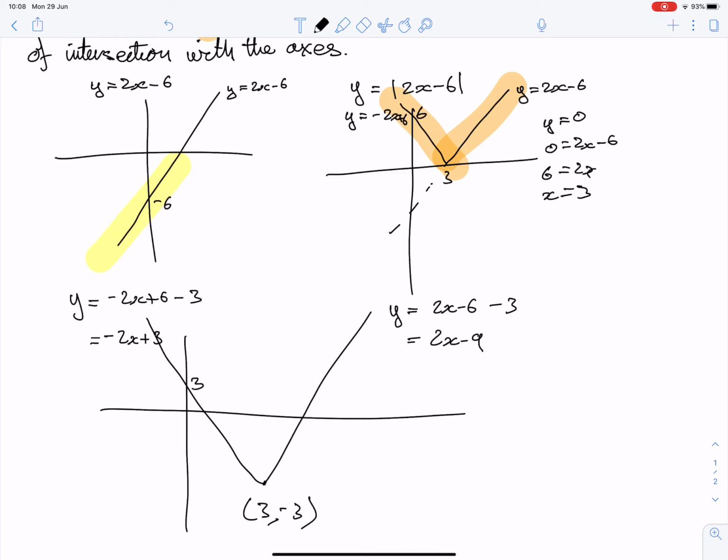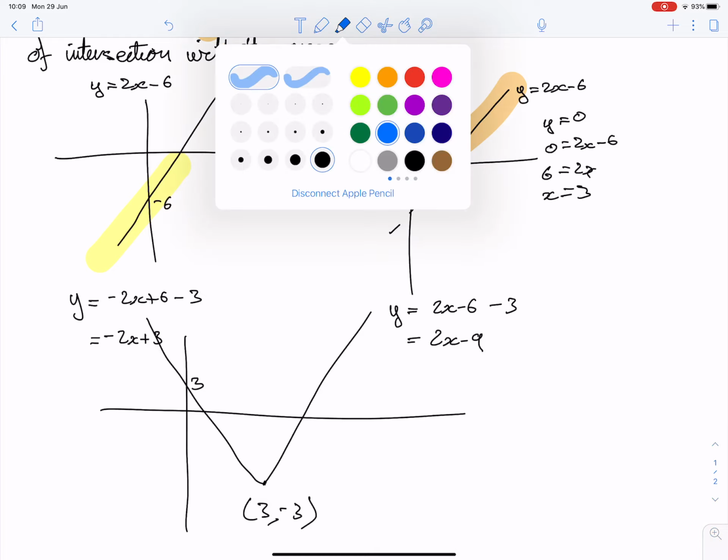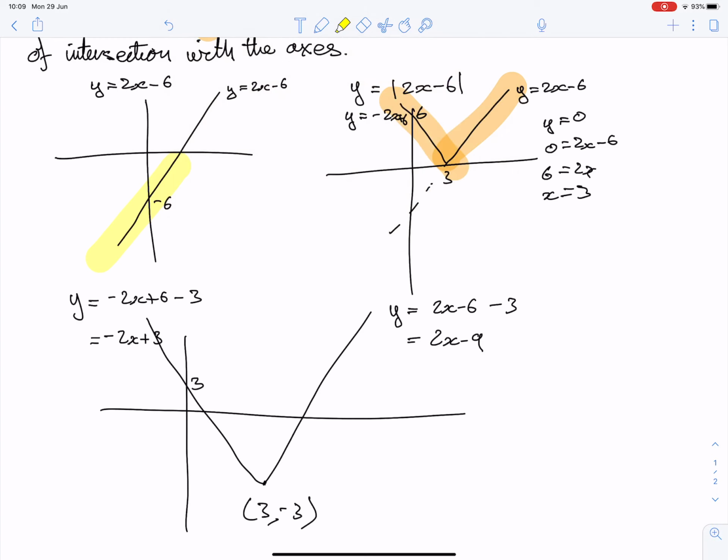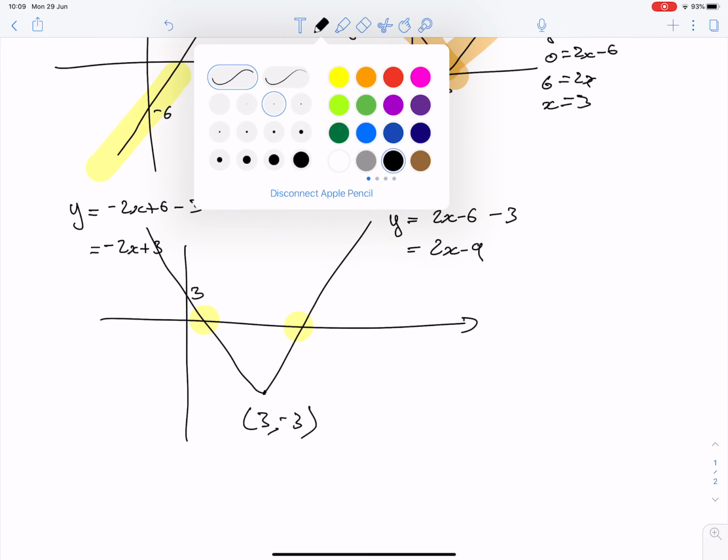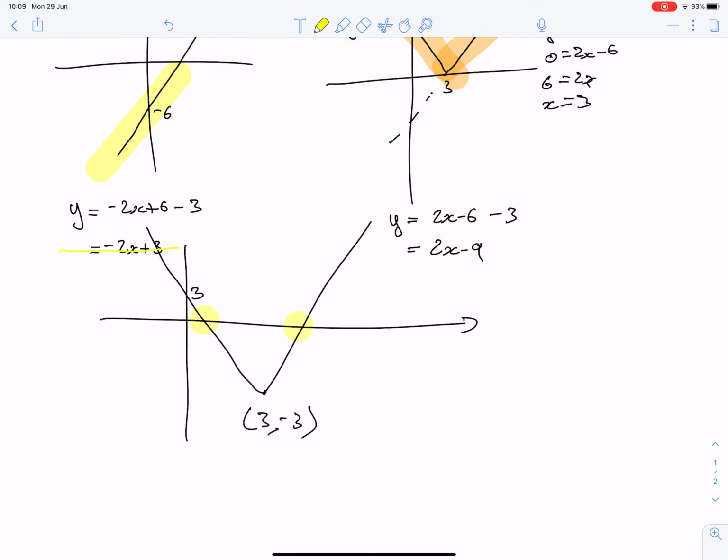Now the other thing we need to do is to work out the coordinates of these points where we cross the x-axis. And that's going to happen twice. There are 2 locations. So if we do the first one using this equation, y equals minus 2x plus 3.